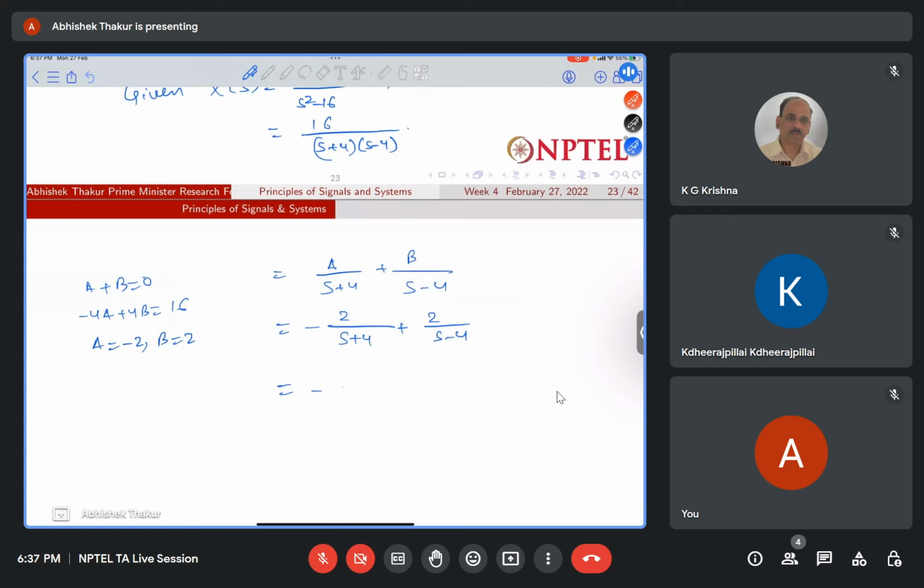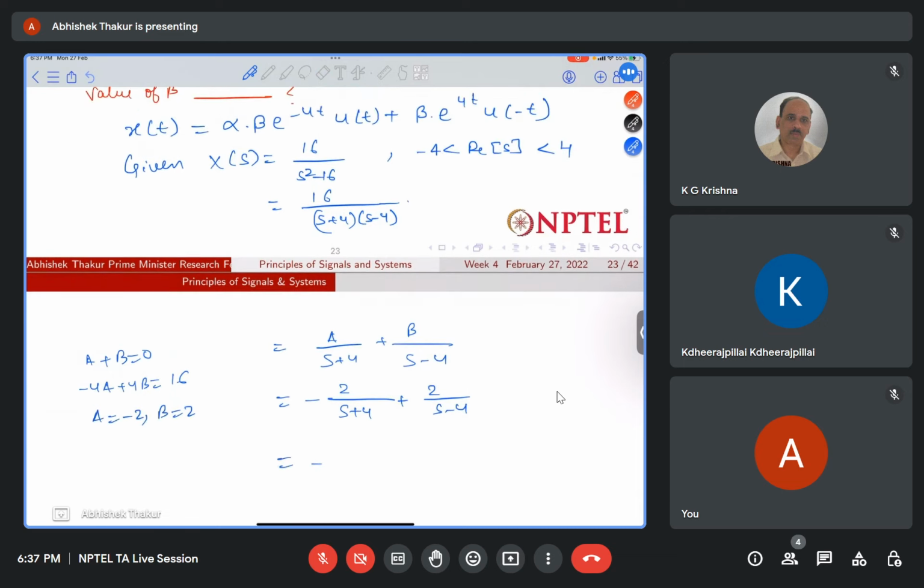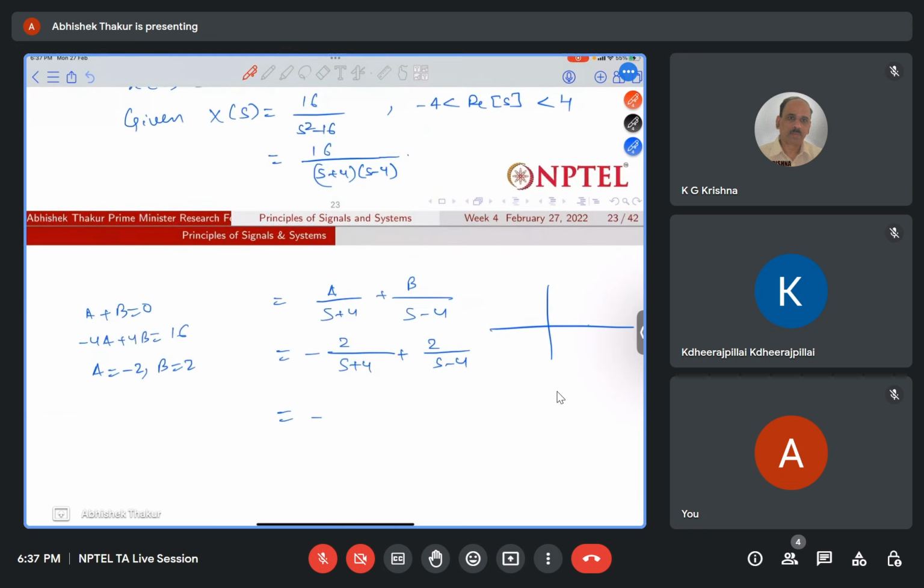Here there are two roots. One is at minus 4 from the first one, and from the second one s is equal to 4. But the region of convergence is minus 4 to 4. This is minus 4, this is plus 4.